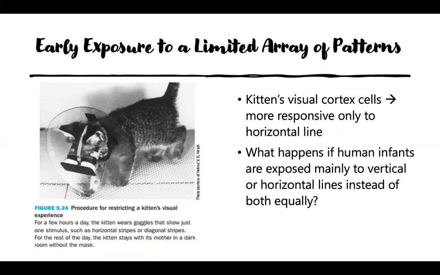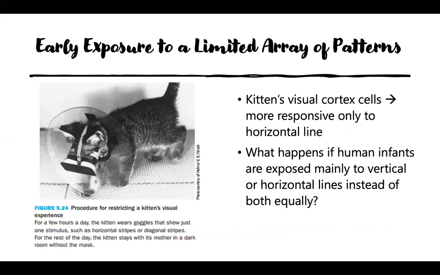Even after months of later normal experience, the cat does not respond to vertical lines. And what happens if human infants are exposed mainly to vertical or horizontal lines instead of both equally? They also become more sensitive to the kind of line that they have seen. You might wonder how such a bizarre thing could happen, right? No parents would let their child be an experimental subject in such a procedure, right? And it never happens in nature.